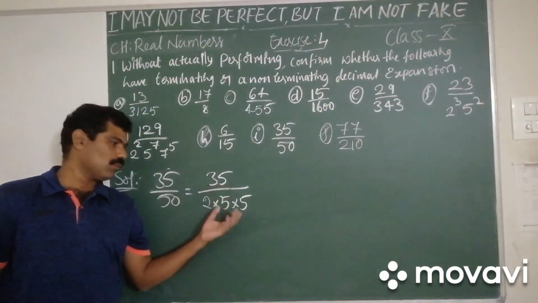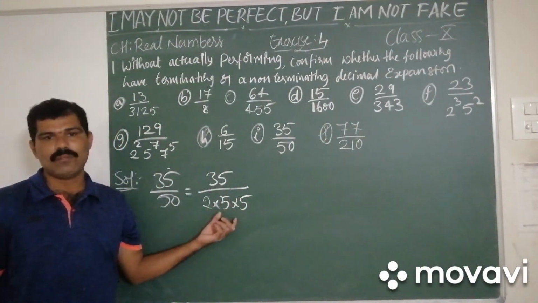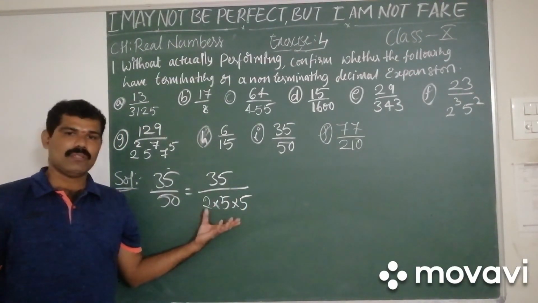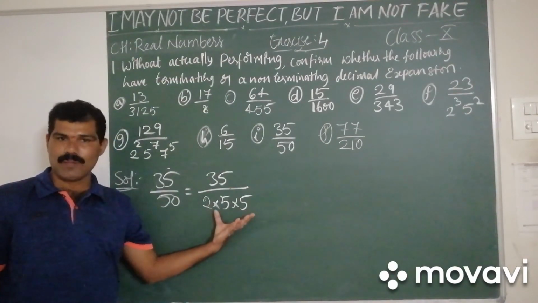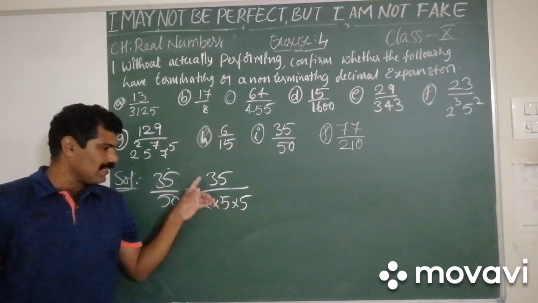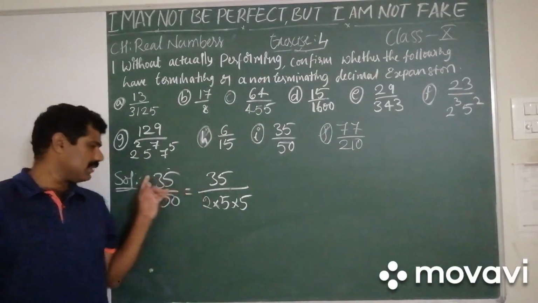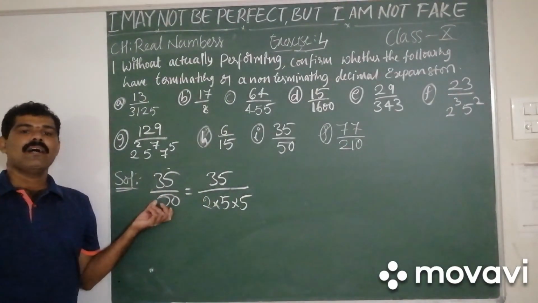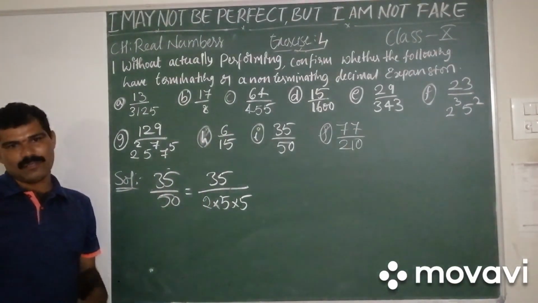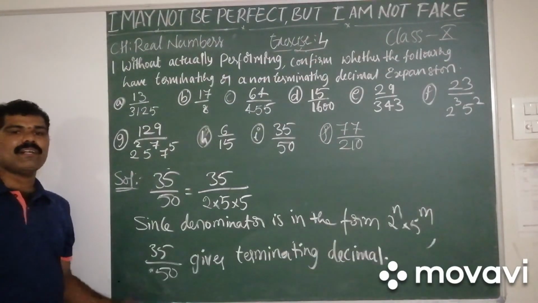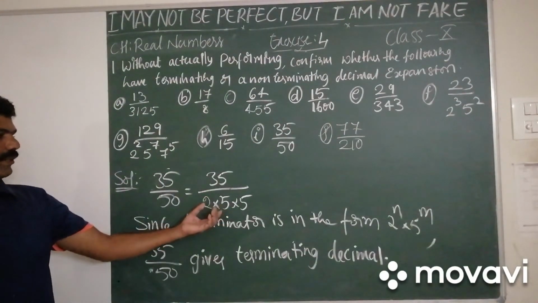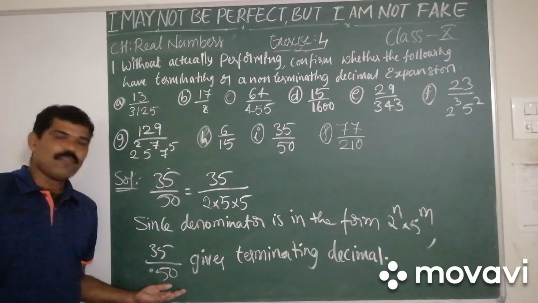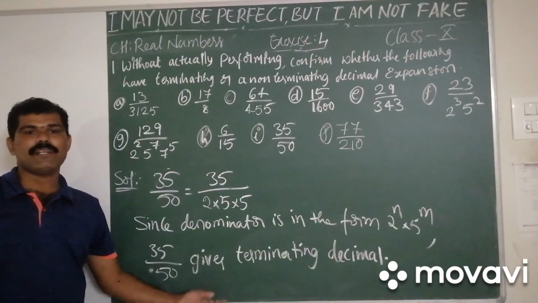Of course, even if you do cancellations, you will be having either 2 or 5 or both, is it not? Apart from that, you don't have any other prime numbers as a factor. So that this rational number gives us a terminating decimal. Okay. Since the denominator is in the form of 2 to the power of n and 5 to the power of m, 35 by 50 gives us a terminating decimal.